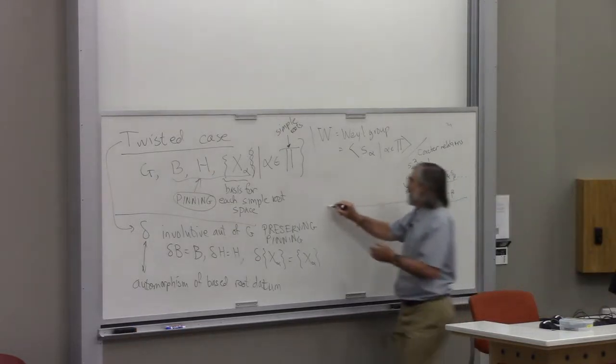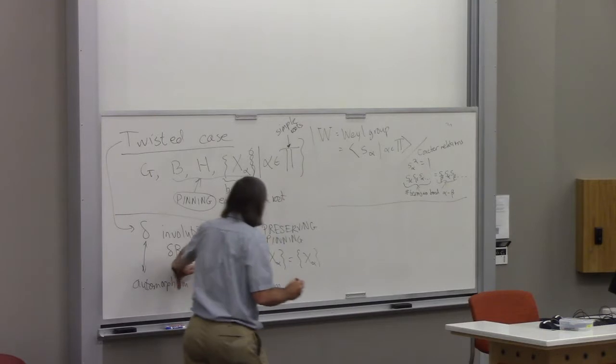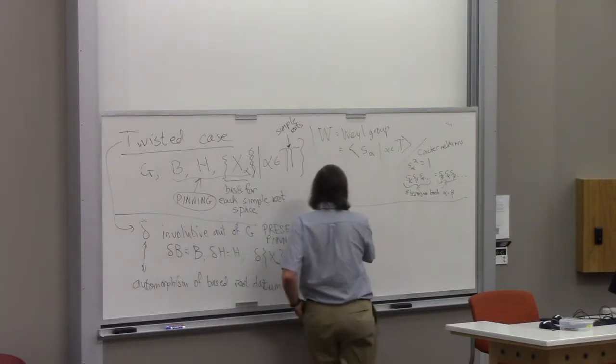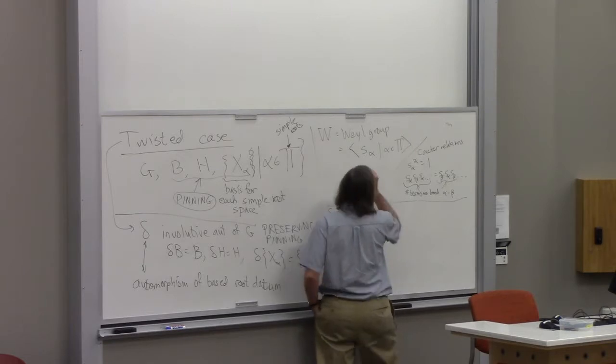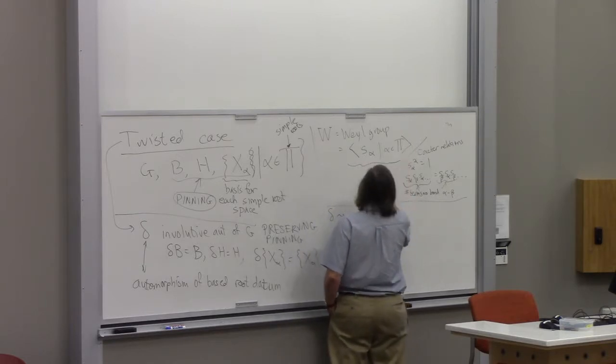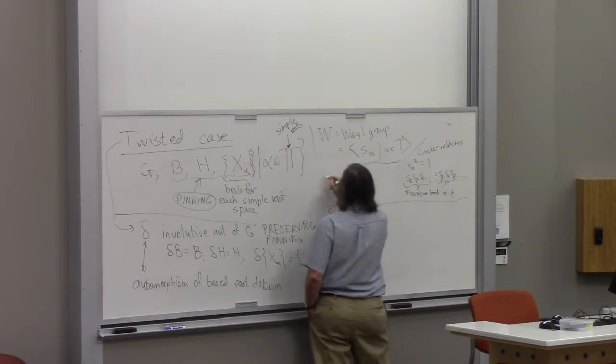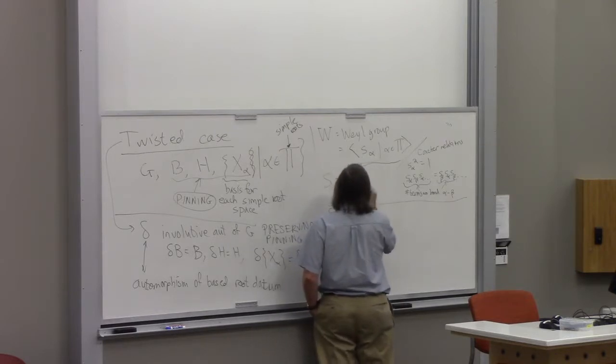Okay, so now in the presence of this pinning, delta gives you automatically an automorphism of W and S, where S is this set of S alphas.